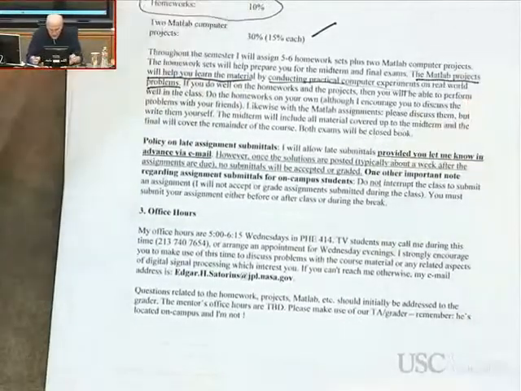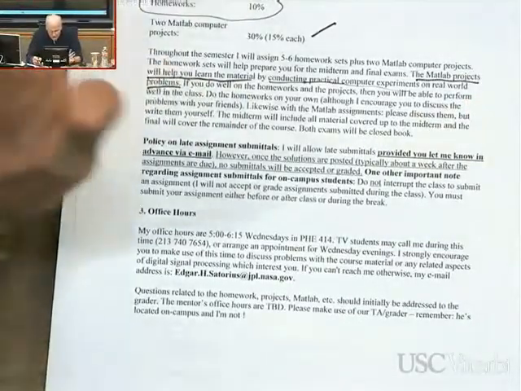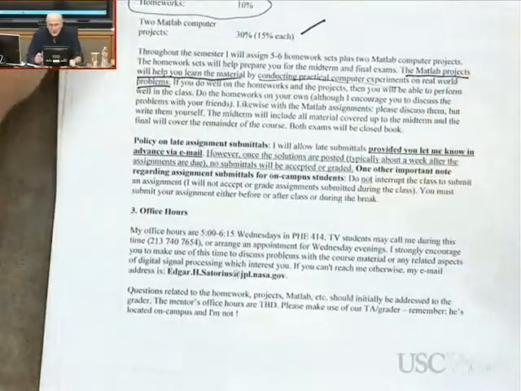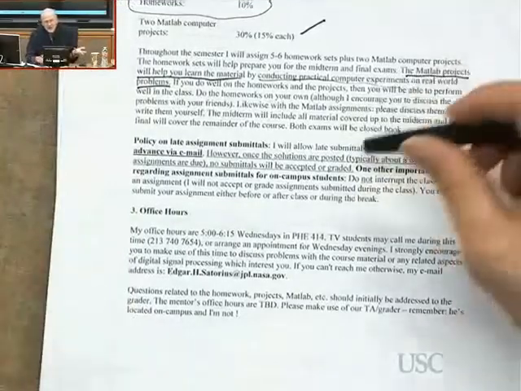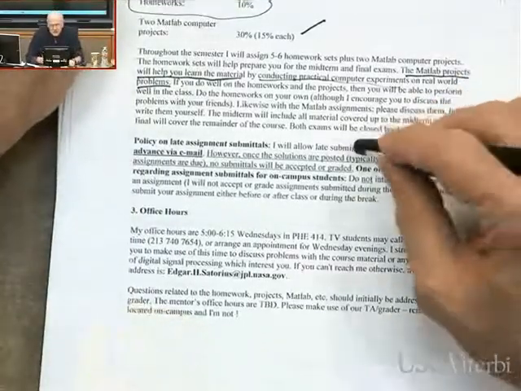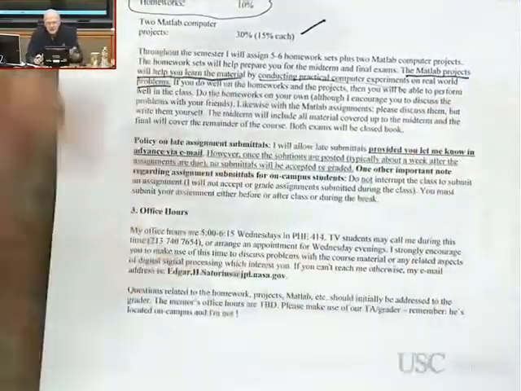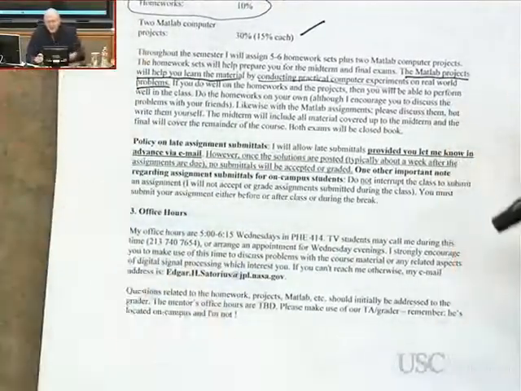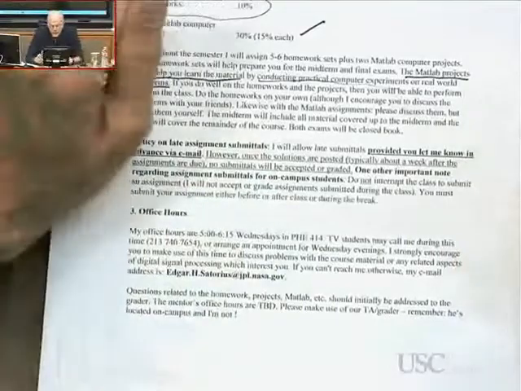But generally, I post the solutions about a week after the assignments are due. So that kind of gives you a window. I can't accept any homeworks after the solutions are posted. So you typically have about a week window that you can ask for late time.